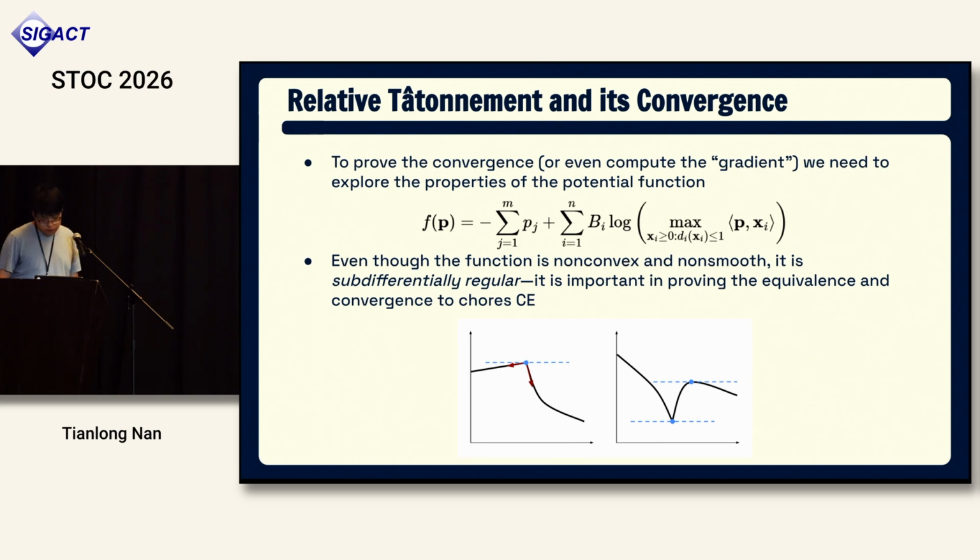For example, it's even hard to compute the gradient of this function. It turns out that this function, even though it's non-convex and non-smooth, is subdifferentially regular, which is very nice in terms of first-order optimization. And it's very useful to prove the equivalence and the convergence.